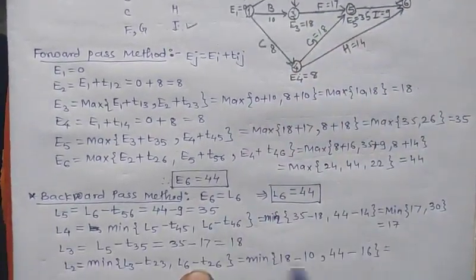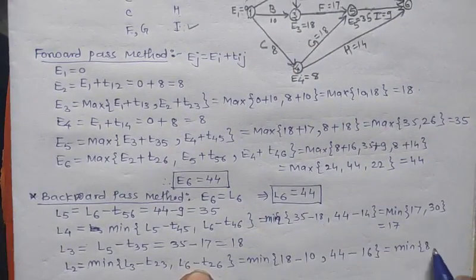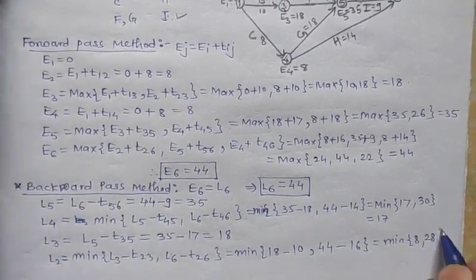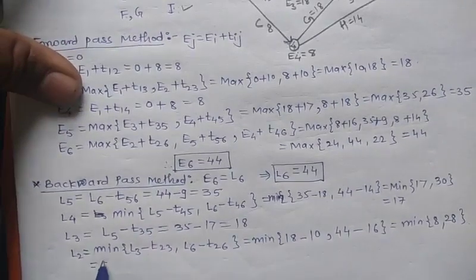That is the minimum of 18 minus 10, which is 8, and 44 minus 16, which is 28. So the minimum among that, the value of L2, is 8.